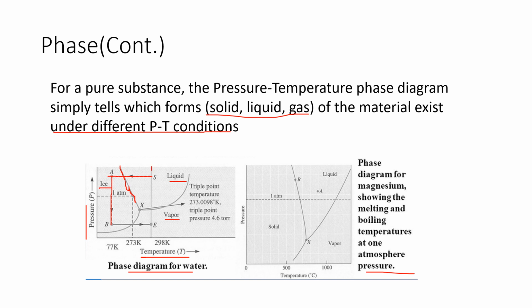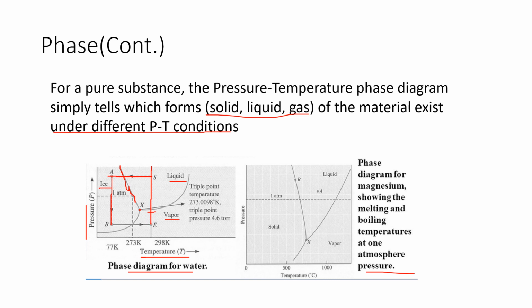Similarly, at a point S, the liquid is in the liquid phase region. If we lower the pressure, the boundary of the liquid and vapor is crossed, and the liquid is converted into vapor.